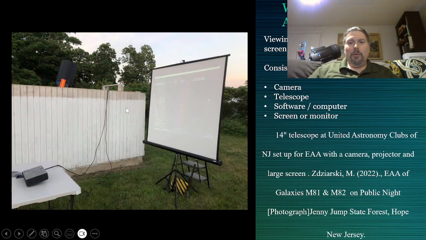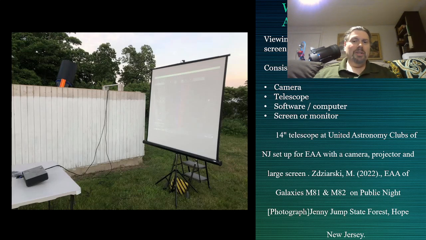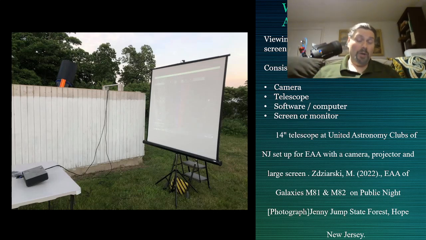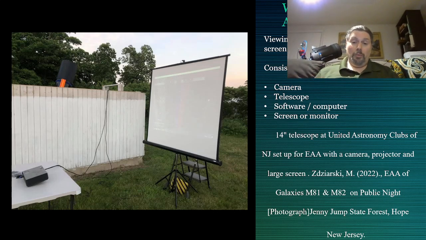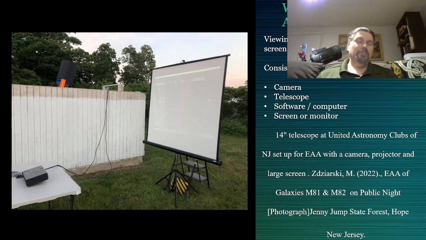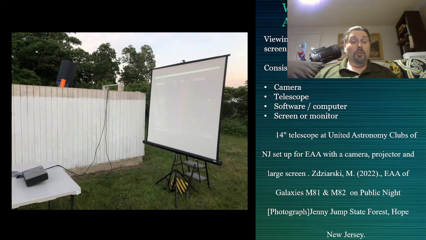So this is another way, if you have even larger groups, you can project it in many ways. You can project it on a monitor, plasma screen, or projector on a screen. One of my astronomy clubs, when we were working for Passaic County, New Jersey, we did a group of like 300 people in a baseball field with an inflatable screen that was 40 feet across and diagonal.